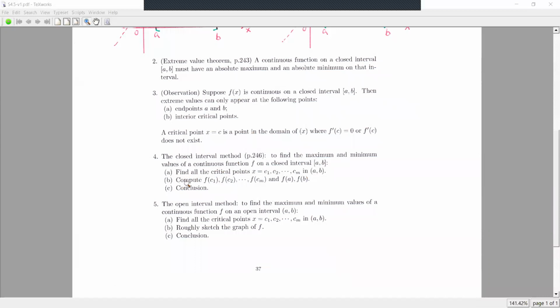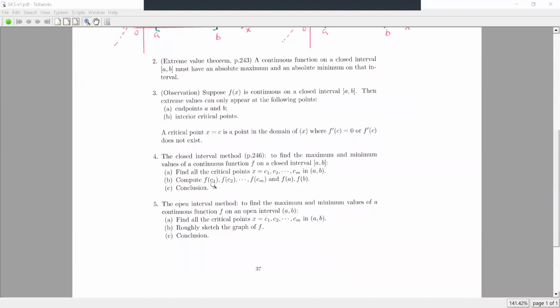Step 2: compute function values at the critical points and also at the two endpoints. Maximum and minimum can also appear at endpoints, so we also compute function values at the two endpoints. Step 3: make a conclusion.